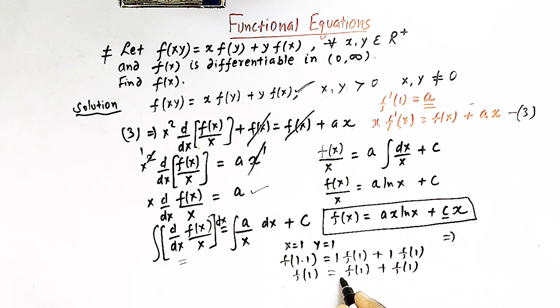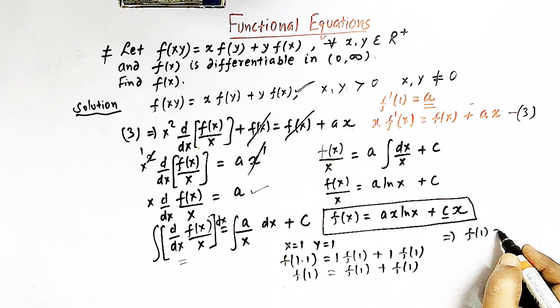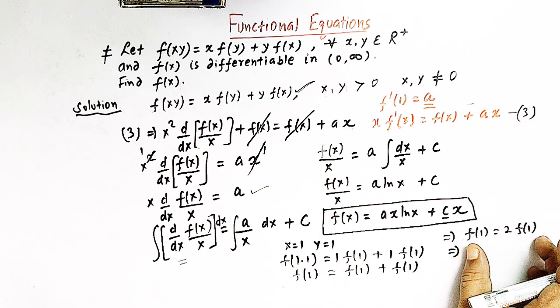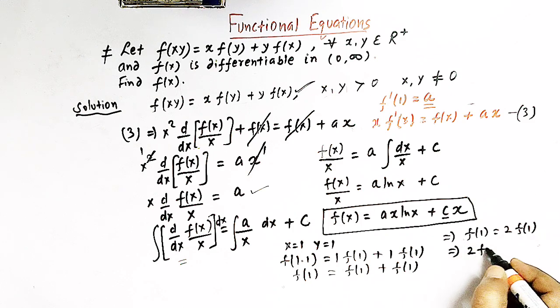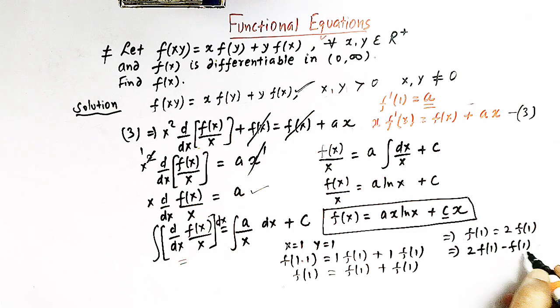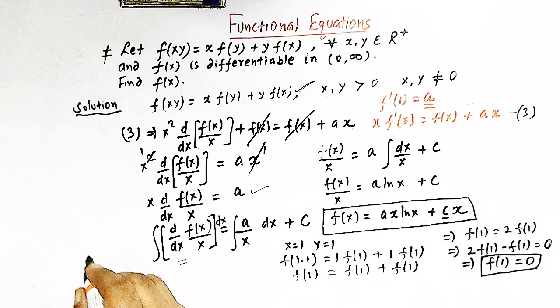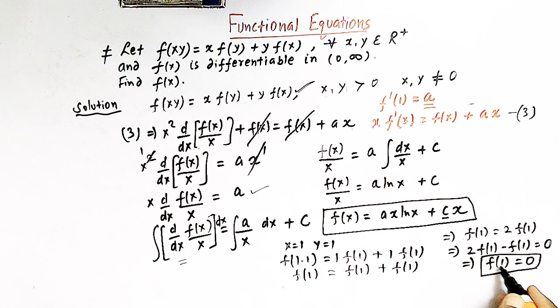So from this equation, we have f(1) is equal to 2 times f(1), and solving this equation, we have 2 f(1) minus f(1) is equal to 0. So f(1) is equal to 0, right? So this is an important condition, that is the value of the function at x is equal to 1 is 0.